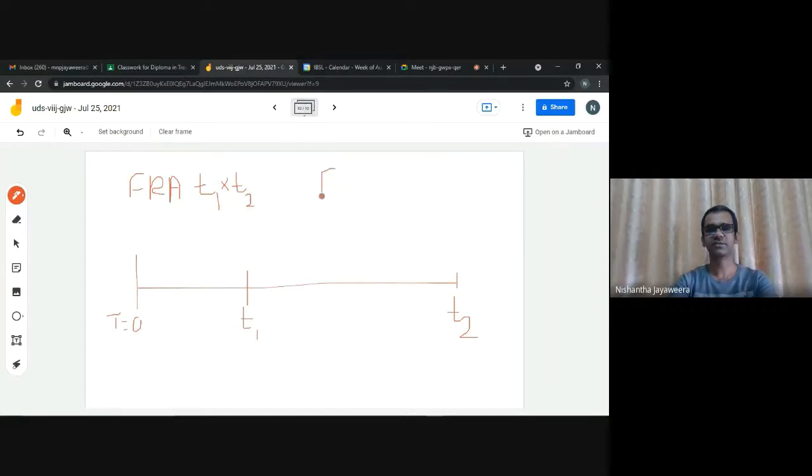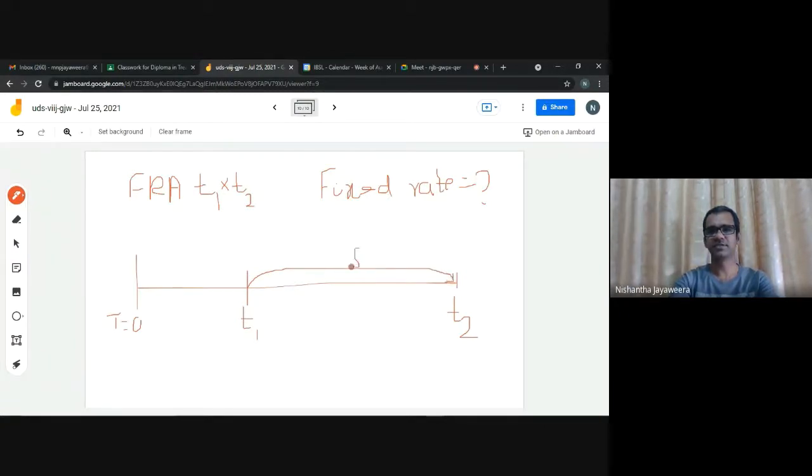What should be the fixed rate? That's the question. How do you fix the interest rate for this period?